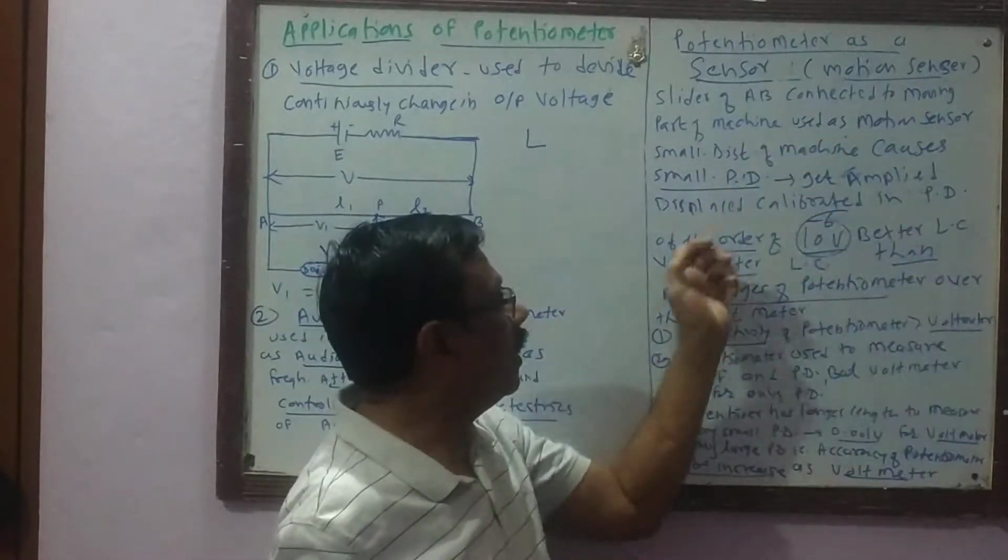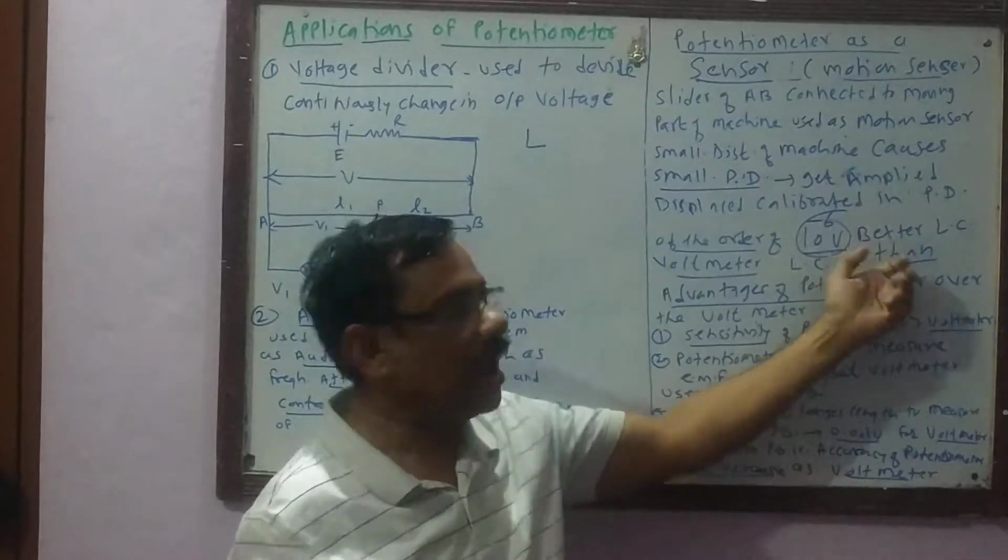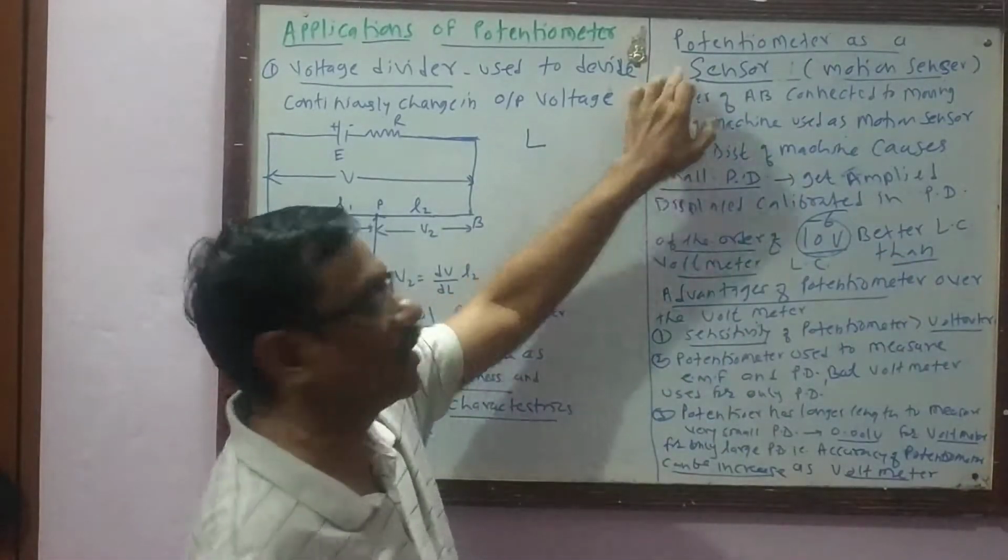Hence it has a much smaller least count, and therefore it can be used as a potential sensor.